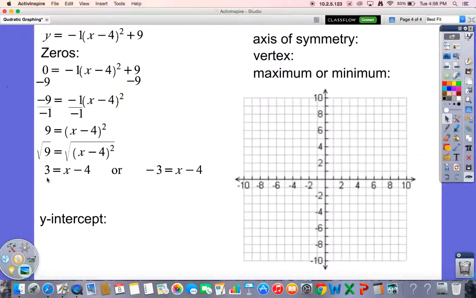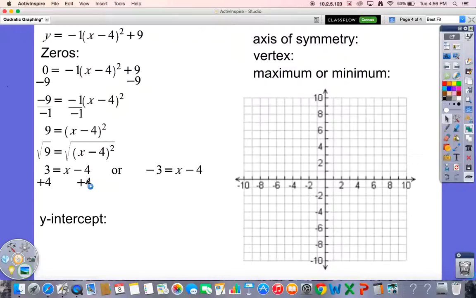So here I find that the square root of 9 is either positive 3, which equals x minus 4, or the square root of 9 is negative 3, which equals x minus 4. If I'm solving this first equation, I need to undo subtracting 4.